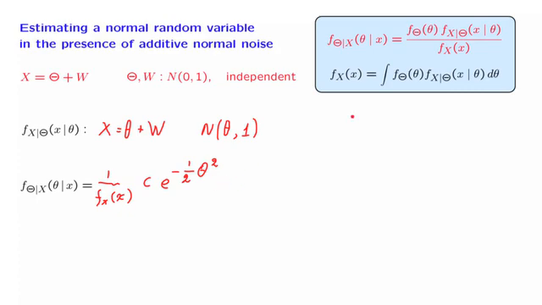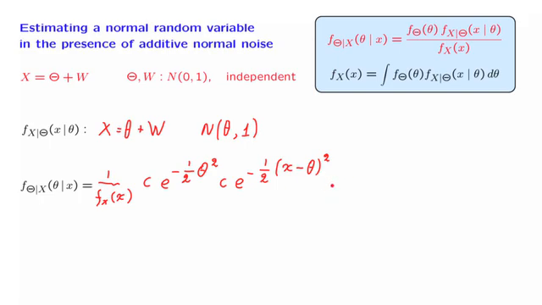And then we have the conditional density of x given theta, which is a normal with these parameters, and therefore takes the form c e to the minus 1/2. It's a density in x, and so up here we have x minus the mean of that density, but the mean is equal to theta, squared. And this is the final form.